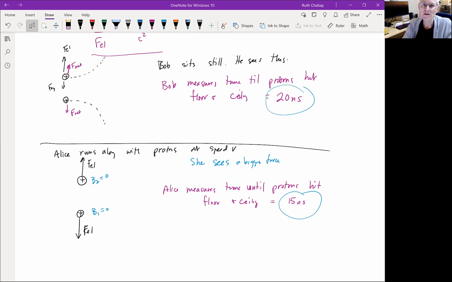And what this led Einstein to see, or to be able to show conclusively, was that time is running slower in the moving reference frame. So time runs slower for Alice, in the moving reference frame, than for Bob.